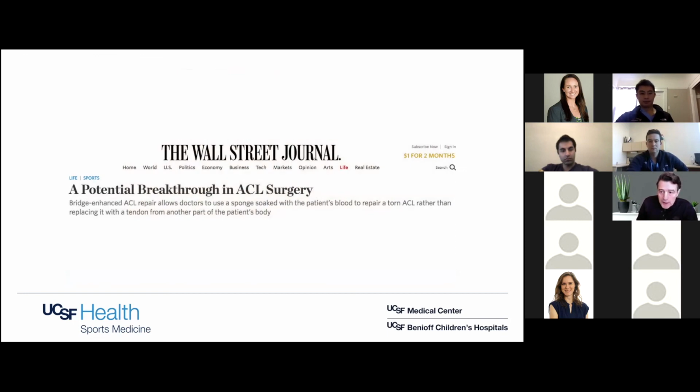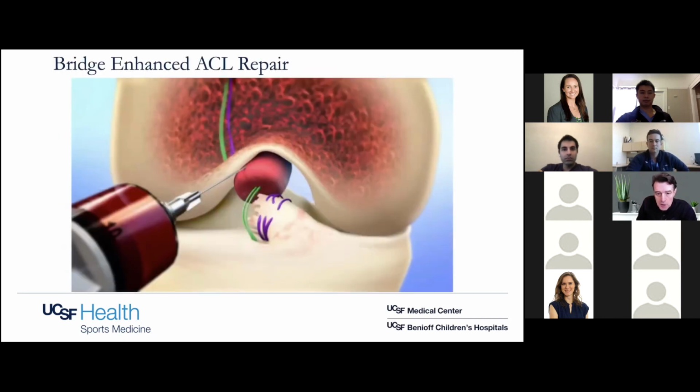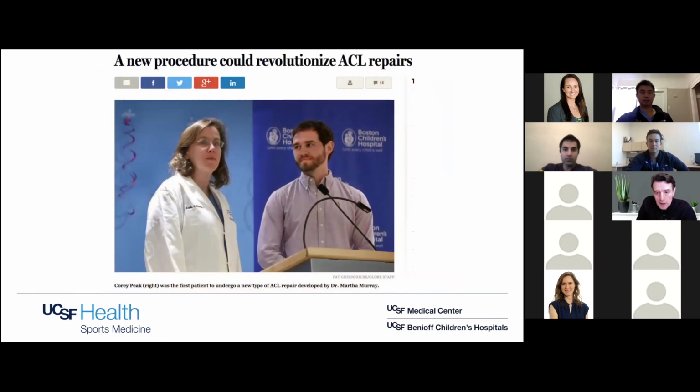Probably more likely is Martha Murray's device, which is this interposition graft that is essentially a blood-soaked sponge that's put in for primary repair. Again, this still needs an internal brace to hold it in position. She actually came out and gave us grand rounds and talked about this device. That's her with her first patient.